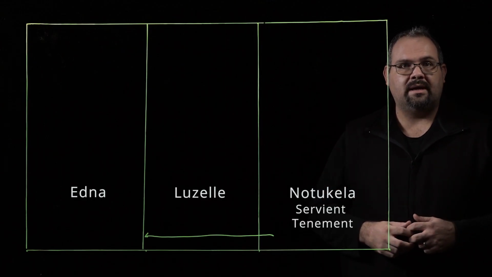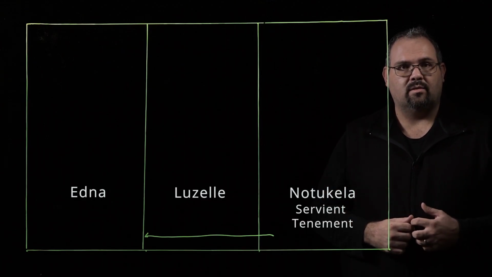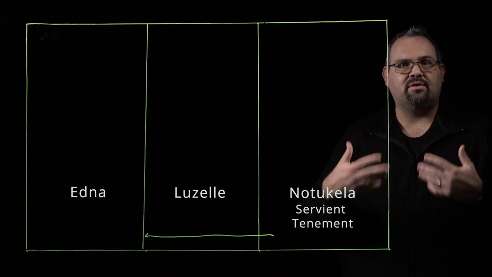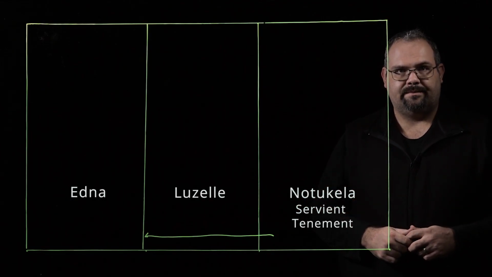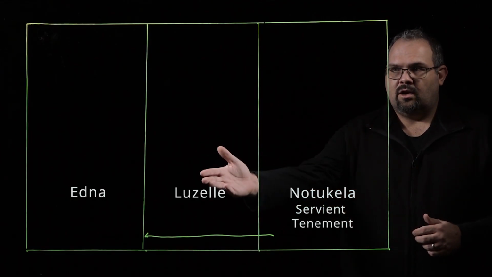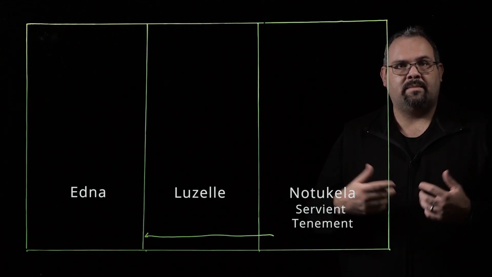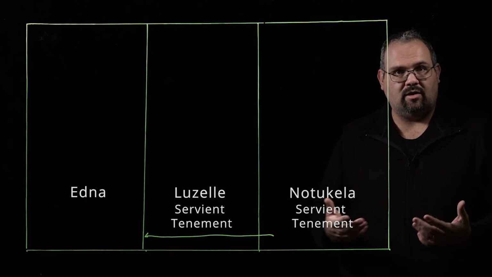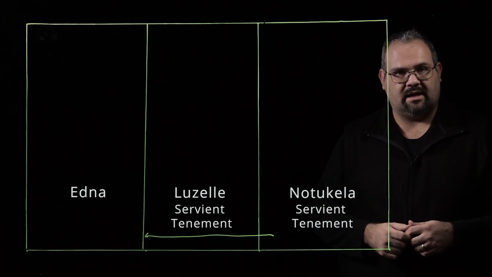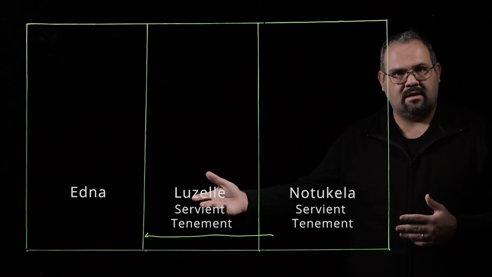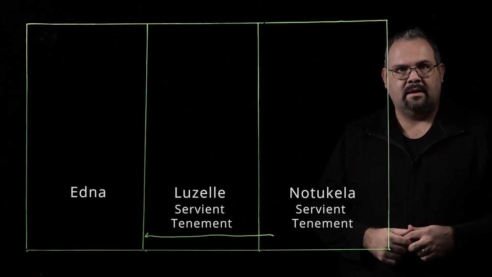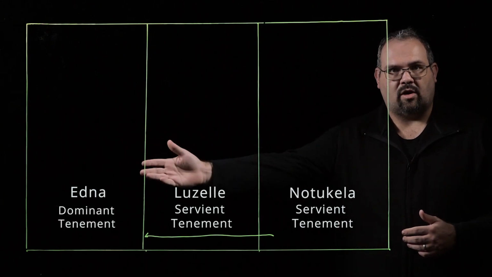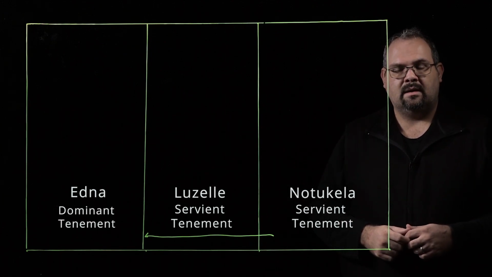Notukela will be the servient tenement. Why? Because she can provide access to water. Luzel will be a servient tenement because although she cannot provide the water herself, she can lead the water to Edna, and Edna will be a dominant tenement.